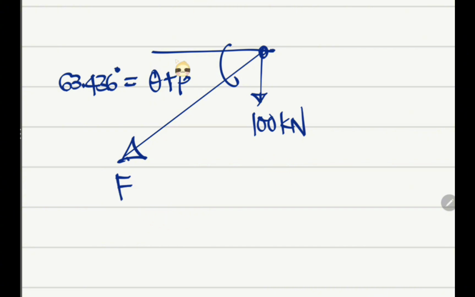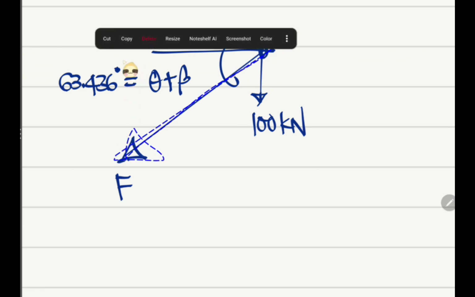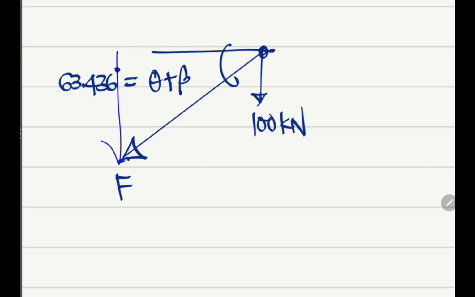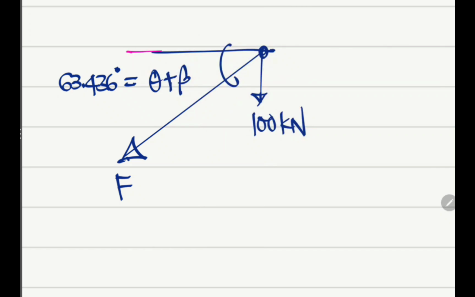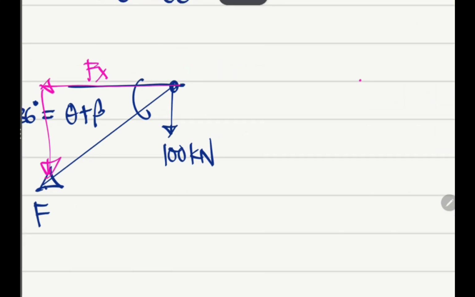So if you look at force F, its vertical component points downward, 100, and the horizontal component is this. I will draw it in a separate color. So this is Fx, this is Fy, or you can sketch it as this one.